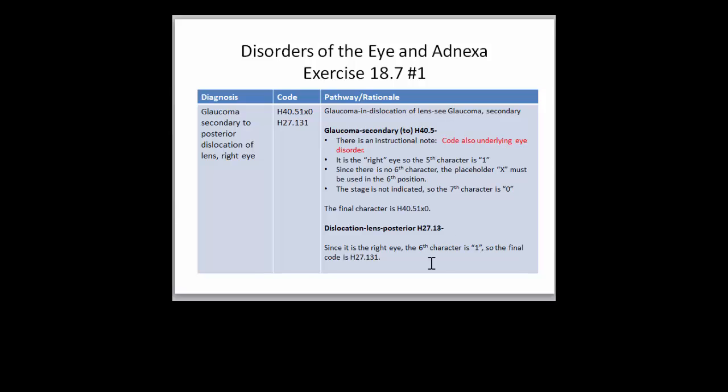And since it is the right eye, the 6th character is 1 for this code, so the final code is H27.131. Notice how, as with all of our exercises, we are following our instructional notes very carefully to be sure we're sequencing them correctly and to be sure that we are covering what the code book is advising us.